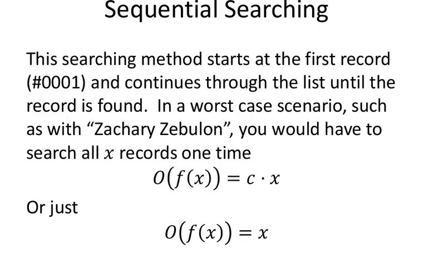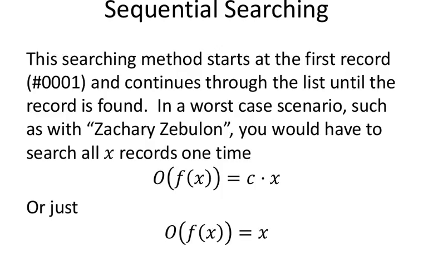So the computational complexity is c times x, but we don't really concern ourselves with the constant, where c can be maybe like 20 milliseconds per record you're comparing. Instead we just take that out and say that big O of f of x is equal to x, where f of x is a function that estimates the amount of time it takes to search through x records.